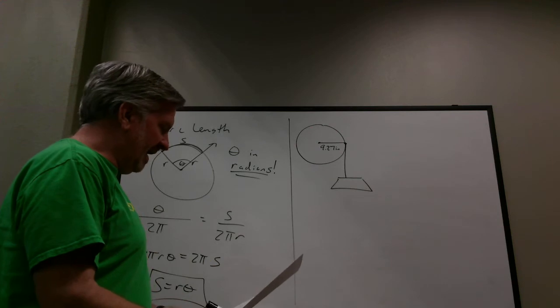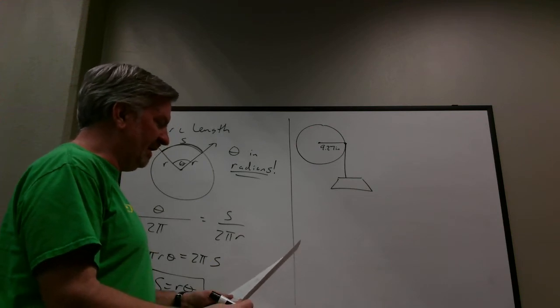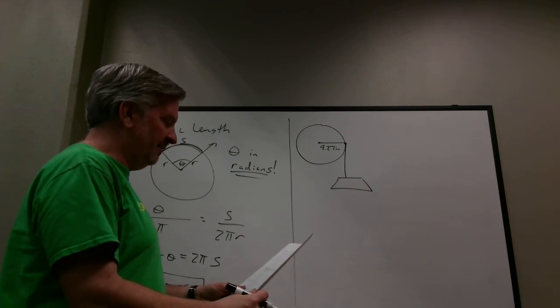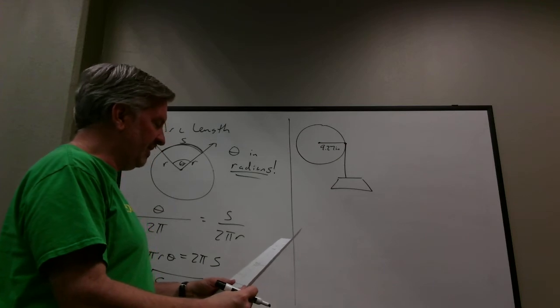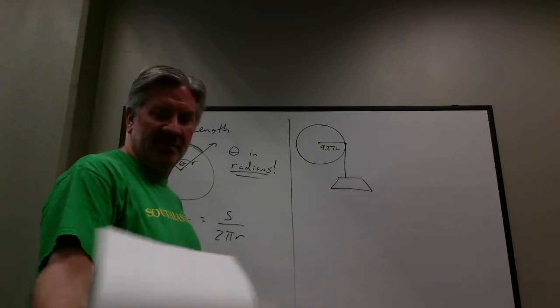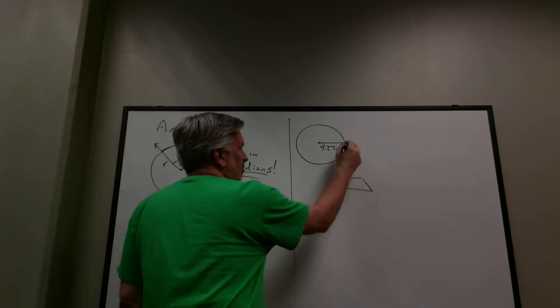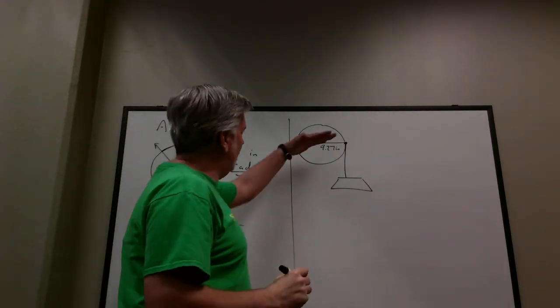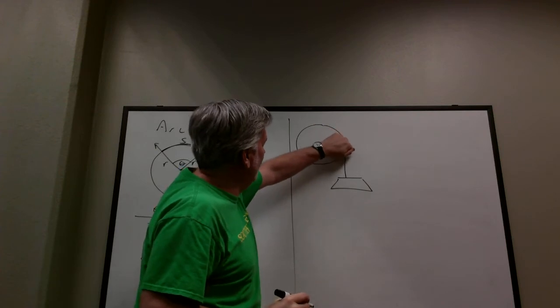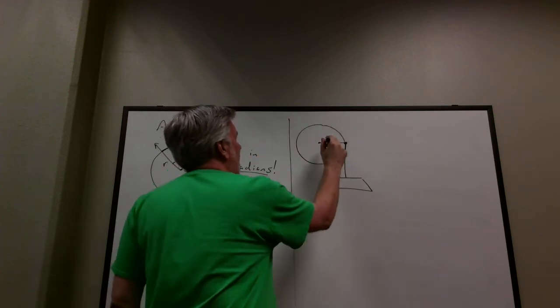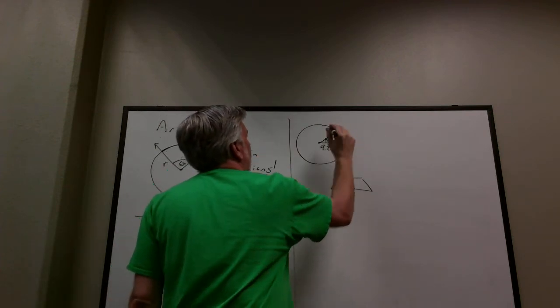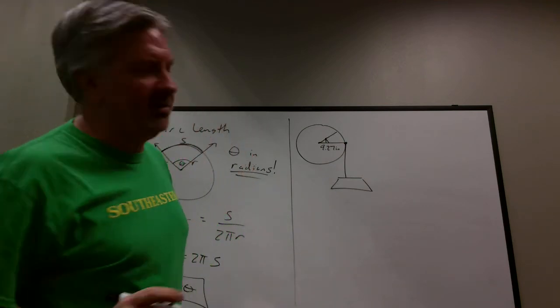The problem says, how many inches will the weight in the figure rise if the pulley is rotated through an angle of 71 degrees 50 minutes? Okay, so this rope is attached to a weight and to the pulley. And we imagine there's a handle and we're rotating this thing up through an angle of 71 degrees 50 minutes.